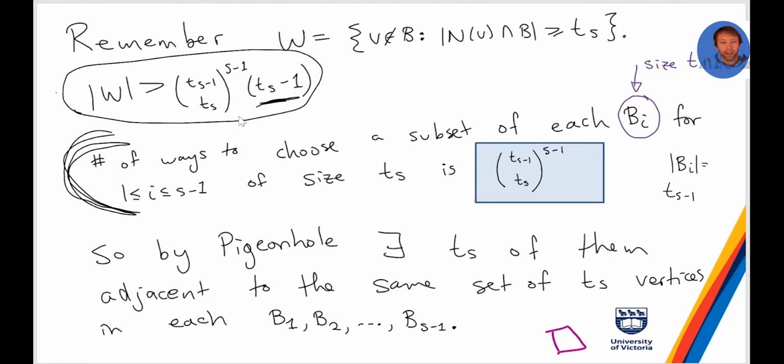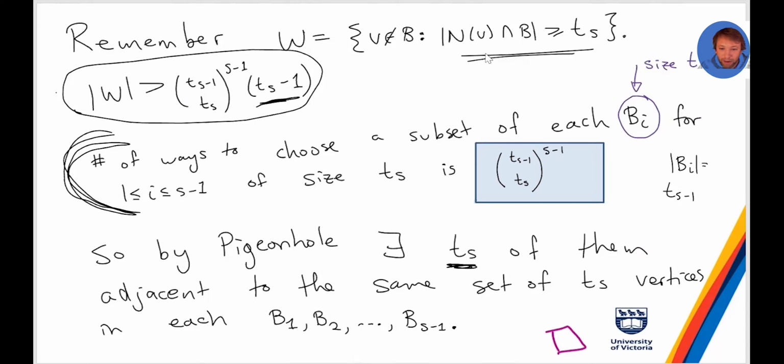I don't think I even need anything about it being greater than or equal to. Are you concerned about this? I think it works out to be fine. So I can find T_s different vertices in W which are adjacent to the same set of T_s vertices in each of them. I make that my s-th part of the multipartite graph.